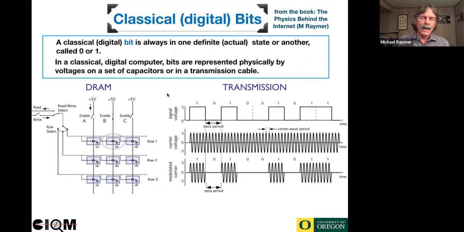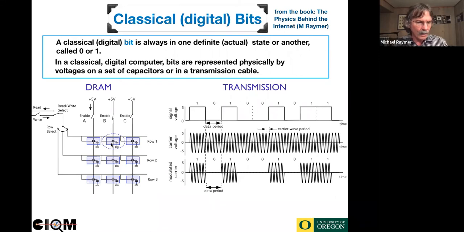But the point is, for classical communication, each of these objects, either the radio wave or the capacitor, is described by a classical state, which means it is actually in one state or the other. You may not know what it is until you measure it, but it's in a definite state. And you can measure it more than once because the state doesn't change when you measure it, ideally.